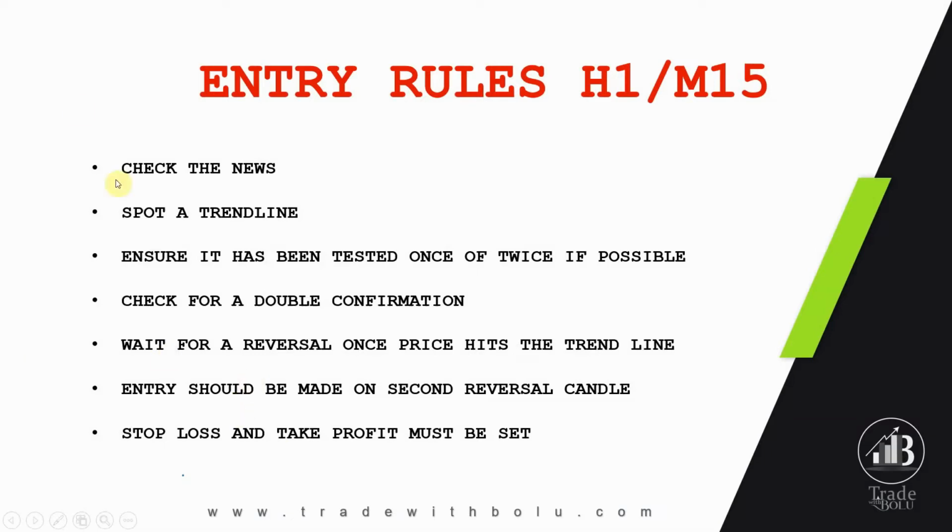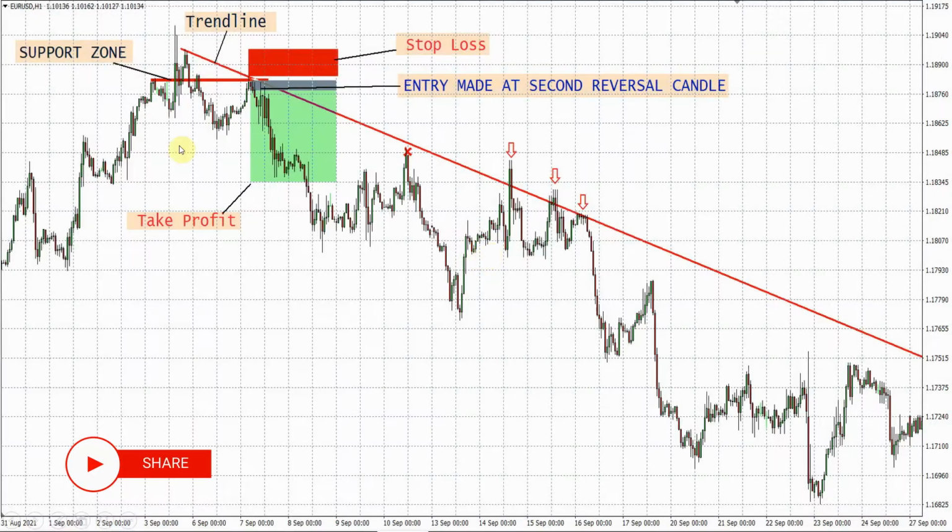So we see this trendline. Ensure that it has been tested once or twice, if possible. You can see this trendline: price broke here, came back to retest. So this was the very first test on the trendline. Then we have the second here. So this is the second retest on this trendline.